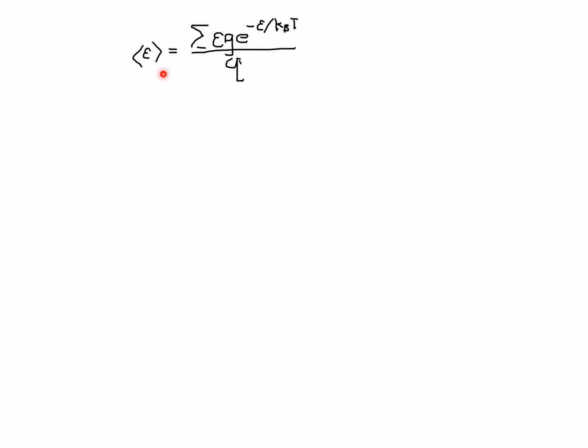The average energy in a particular mode can be calculated using the classical average value theorem by summing up the energy times the probability that that energy occurs divided by the normalization factor, or the partition function, for that particular mode.